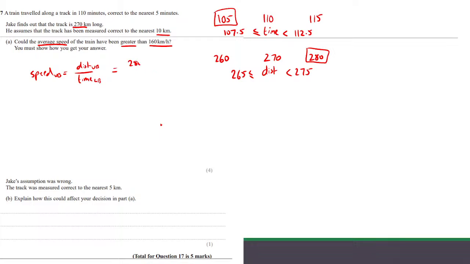Now I'll do 280 divided by 105, which will give me my speed, but the units will be slightly different. So they're not like typical units. So 280 divided by 105, I'm just doing it on my calculator here, is 2.6 recurring. Now what are the units for that?